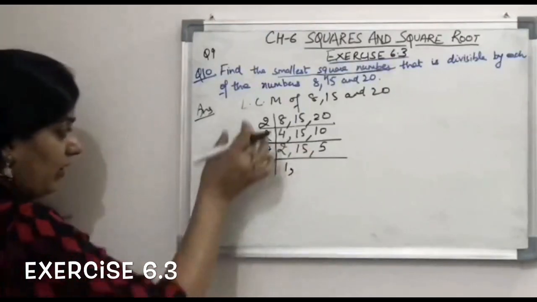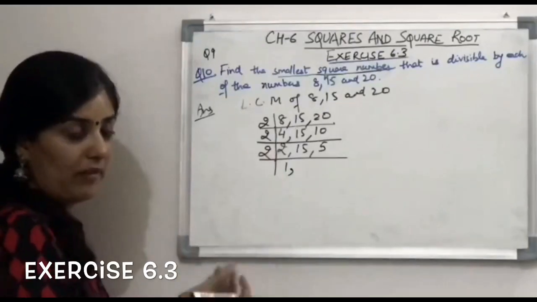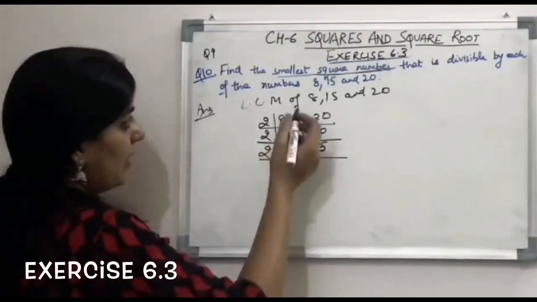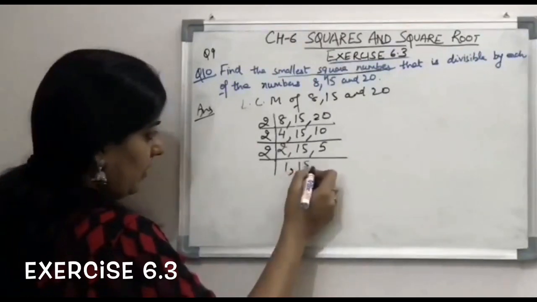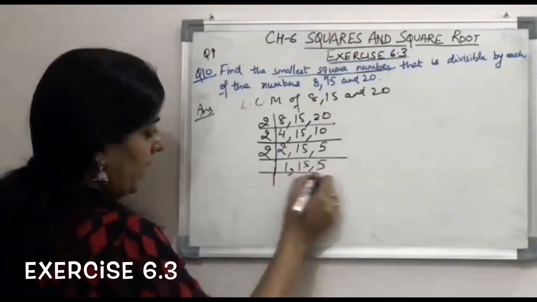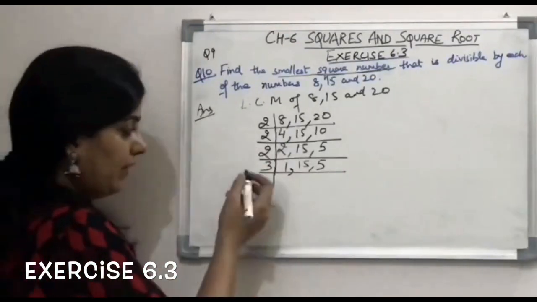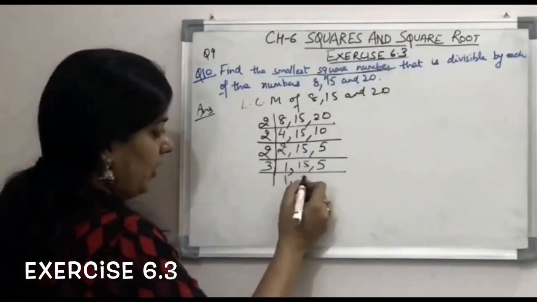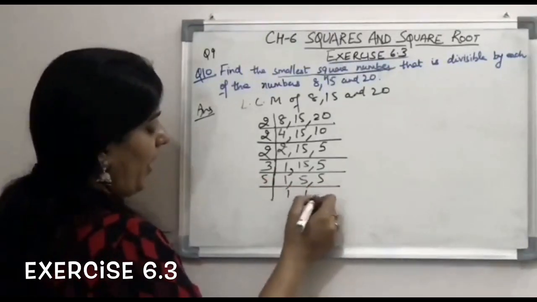We will move from the smallest number to the biggest number here also, like in prime factorization, because its name is lowest common factor. Now the next smallest number by which 15, one of the numbers, is divisible is 3. So we will write 3 here and now we will write 5.